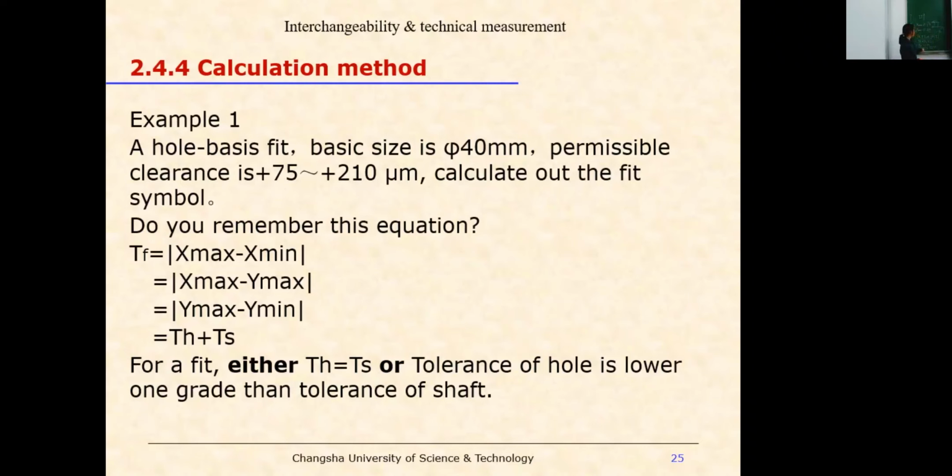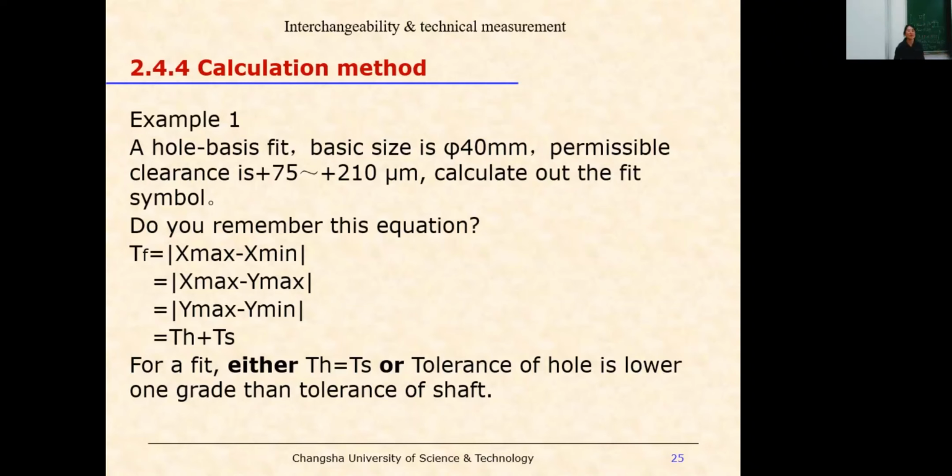So if TH equals TS, we can get TH smaller or equal 57.5, right? You got this one, right? And you check table 27. Which one is equal?